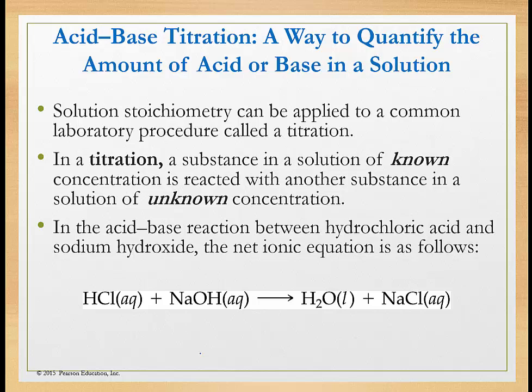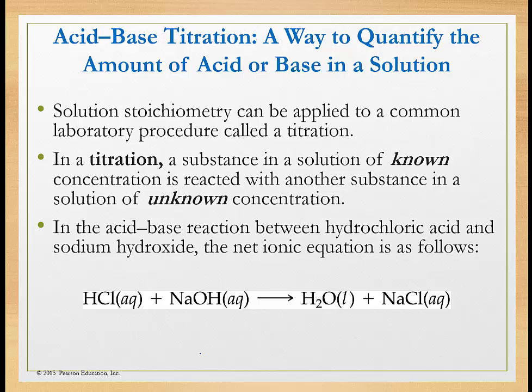Now we want to talk about the idea of acid-base titration. A titration is a way to measure an unknown feature of one solution by comparing it to, and reacting it with, a solution that has known characteristics.